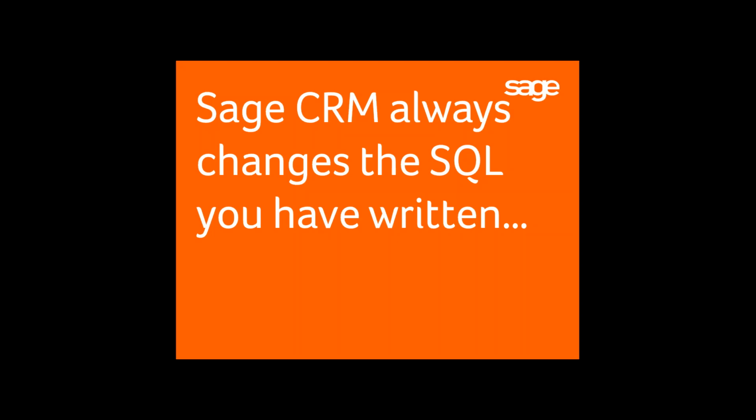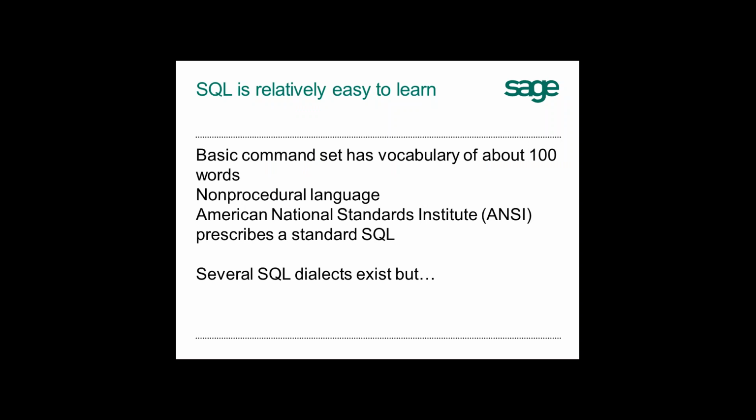I have made the assumption that you are familiar with the features of Sage CRM and you have used things like the mail merge feature, the group feature, and saved searches. So this sense that CRM is pulling in information from different sources should be completely familiar to you.